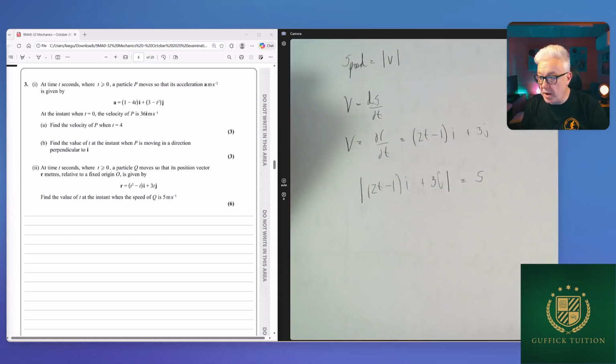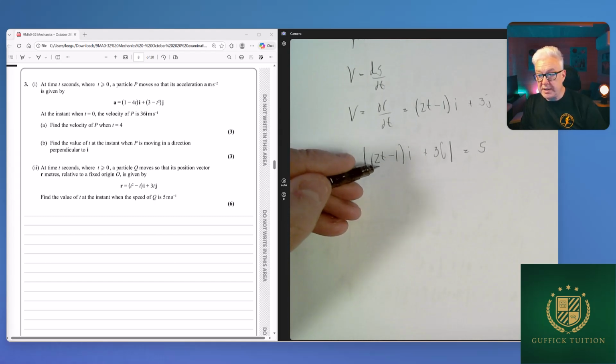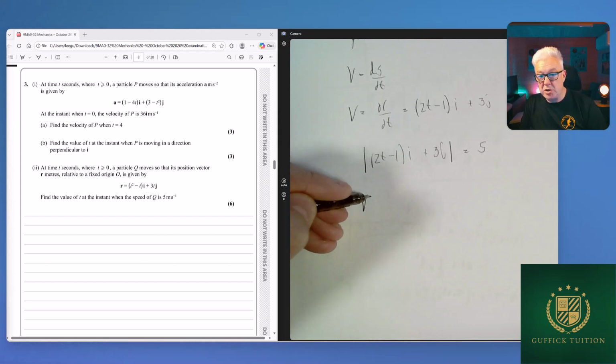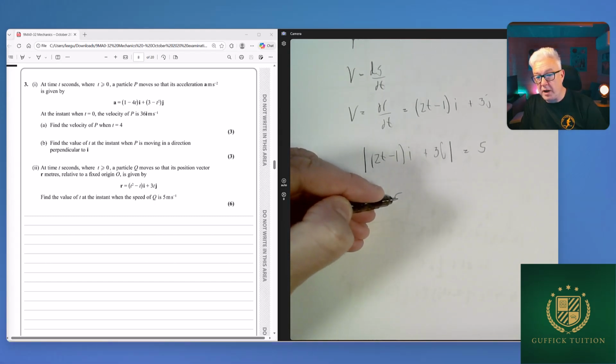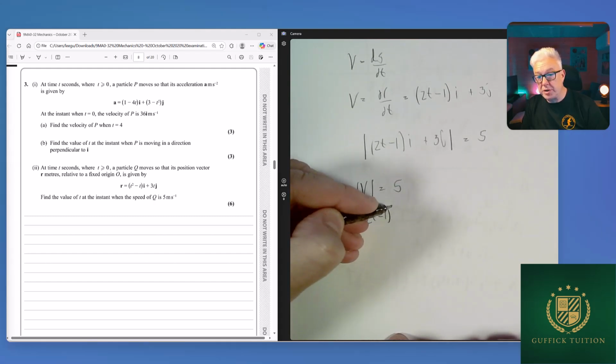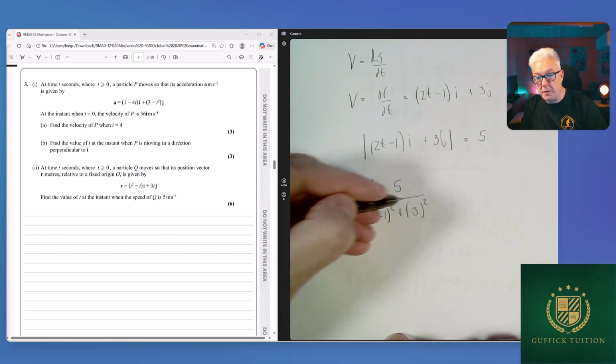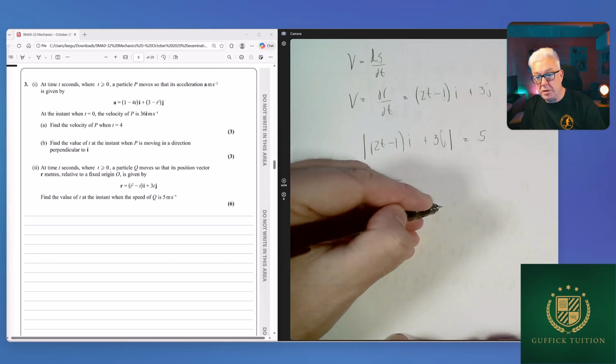Now the way in which we find the magnitude is by squaring the i components, squaring the j components, and square rooting them. So what we're going to say is that the magnitude of v equaling 5 is the same as saying that the square root of (2t minus 1) squared plus 3 squared is equal to 5.